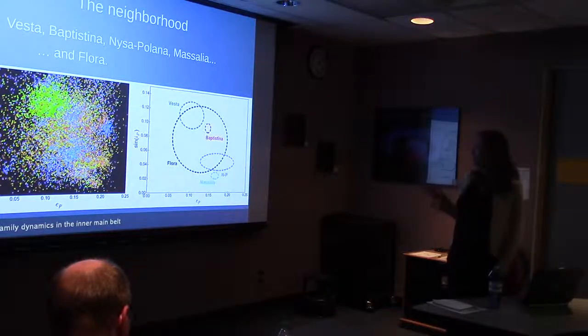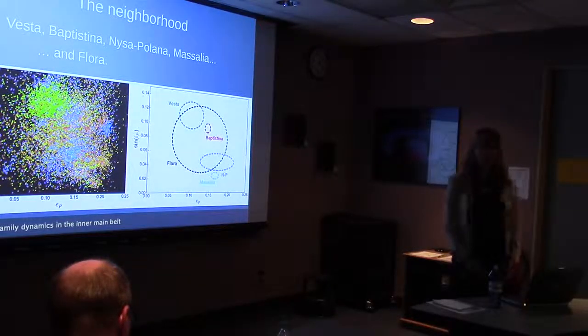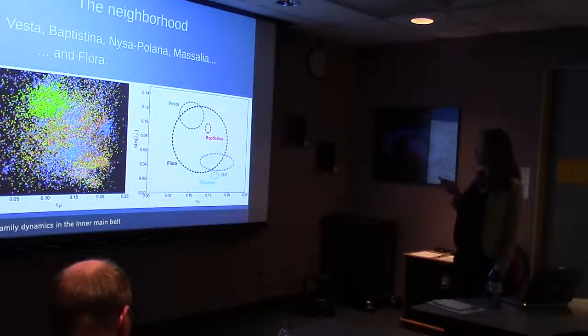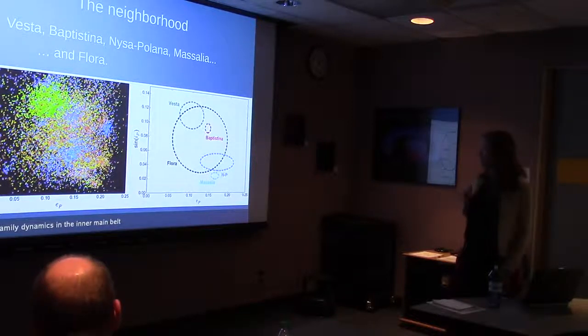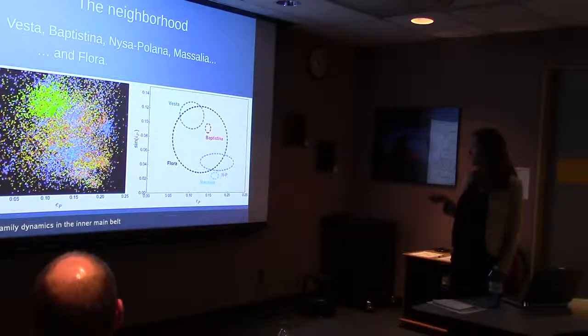So I will quickly take you on a walk through the inner main belt neighborhood and meet some of the families. We talked about the Vesta family already, but there's also the Baptistina family, this purplish dot here, the Nysa complex, which is actually 4 families overlapping. And then we talked briefly about Massalia, which is here.